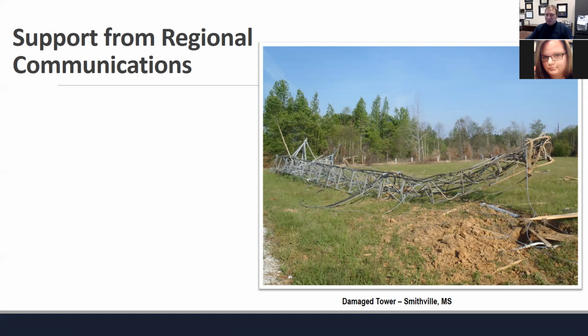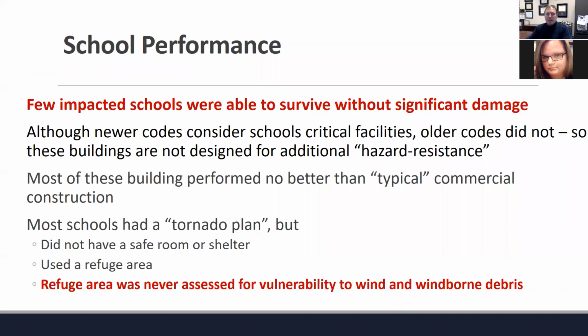And because most of us today rely on cellular communication, it is incumbent upon companies like AT&T and Verizon to immediately move in mobile cell towers. But there may be an extended period of time where there's no telecommunication service available.